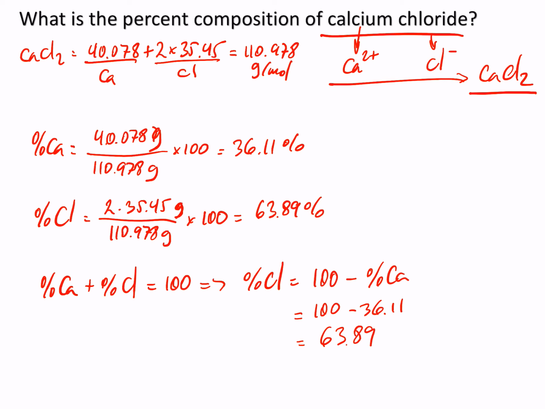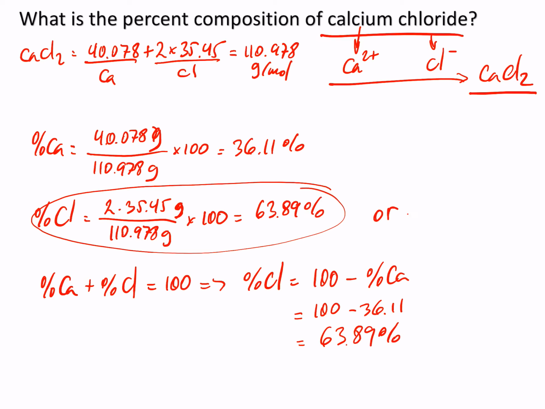You are obtaining the same number. You have to obtain the same number. So either this way or that way, it doesn't matter, you're going to obtain the same result.